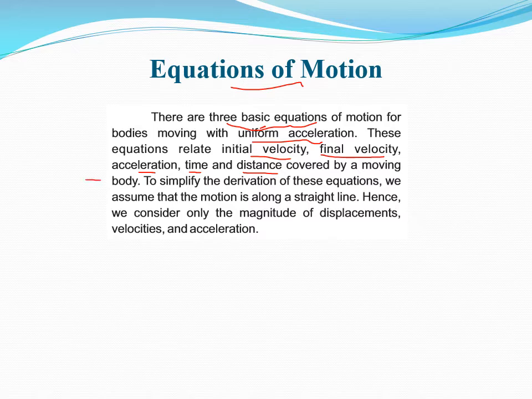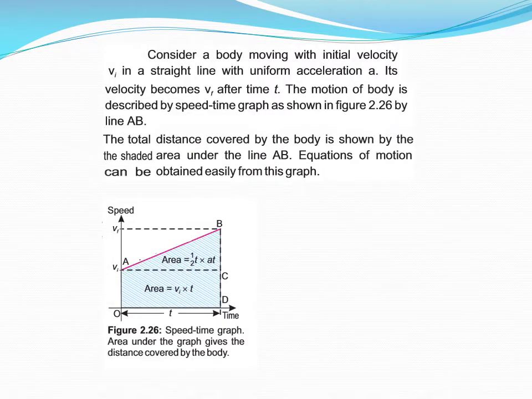To simplify the derivation of these equations, we assume that the motion is along a straight line, and hence we consider only the magnitude of displacements, velocities and acceleration. So this is the generic information regarding the equations of motion. The topic for today's discussion is the second equation of motion.